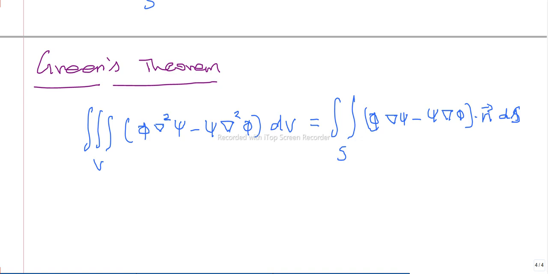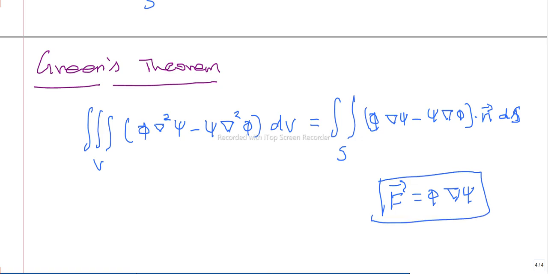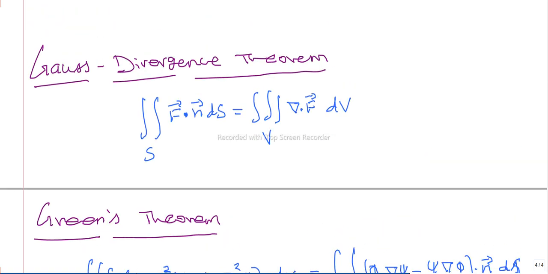You get this formula by taking the vector point function F equal to phi del psi and substituting it in the previous Gauss divergence formula.